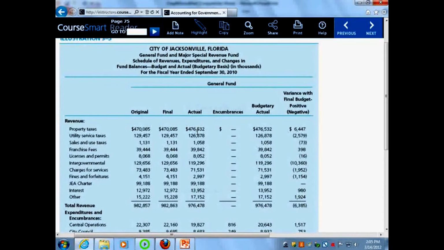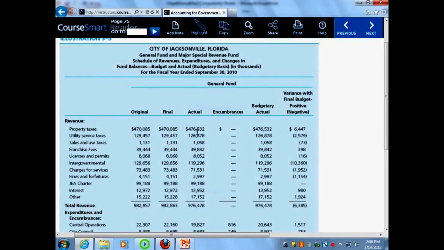And what is this actual amount? It's what you spent. Encumbrance we'll get to. This is the budgetary actual, and this is the variance, which is the difference between the actual and the budget itself. Don't be concerned too much about the items.